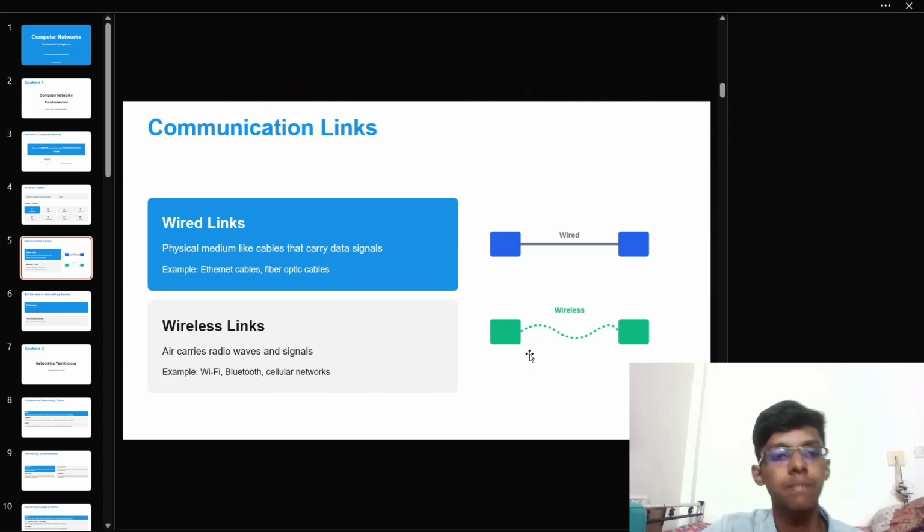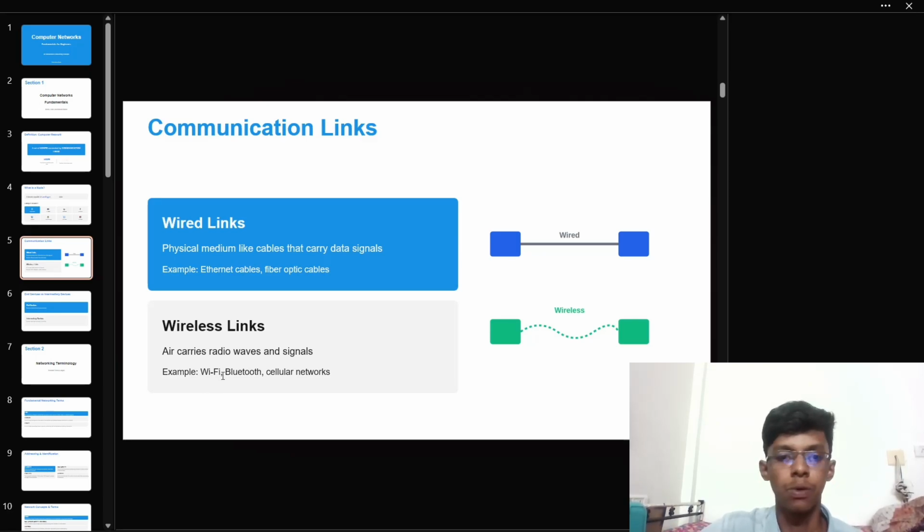Wired links mainly use a physical medium like cables to carry data, and wireless links mainly use air, which carries data through radio waves. Examples of wired links are Ethernet cables and fiber optic cables. Examples of wireless links are Wi-Fi and Bluetooth.